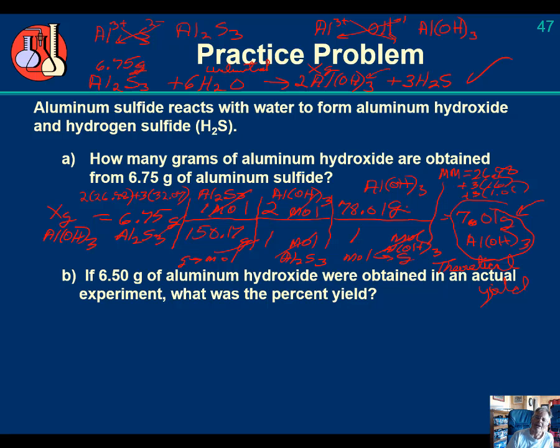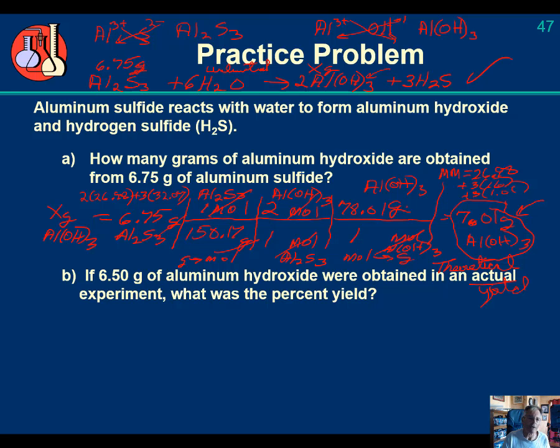But I never get there. I never quite get, even in a really good reaction, the entire theoretical yield. I get some fraction of the theoretical yield, some percent of the theoretical yield. So I get what we call an actual yield. When I go in and I actually do the experiment, I'll get something less.